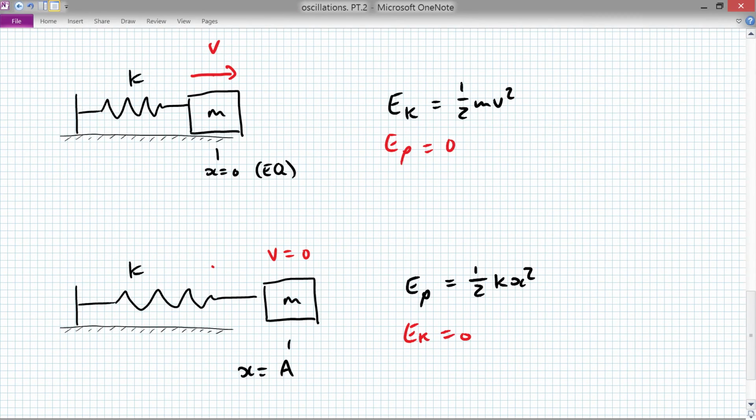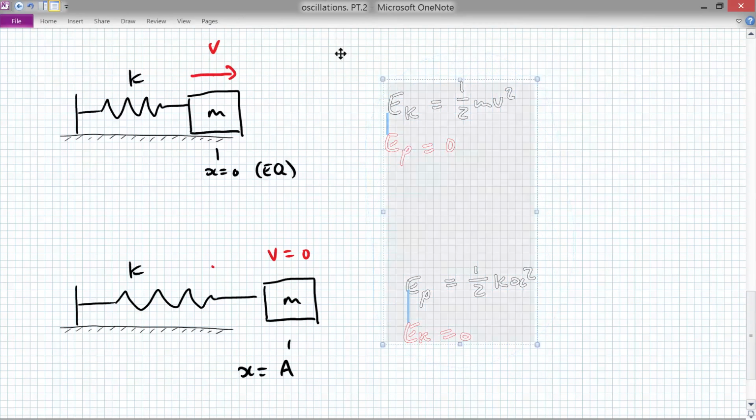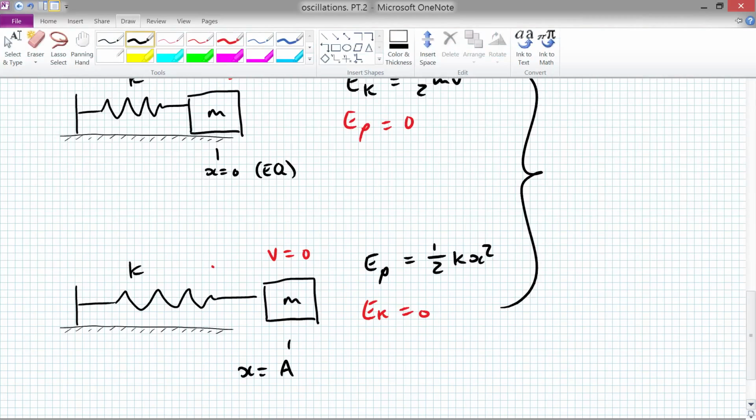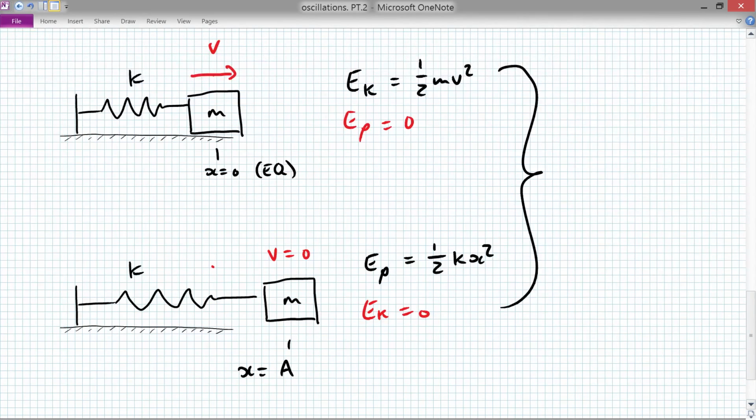And what we're actually interested in is what's going to go on in between these two positions, because obviously at some intermediate point we're going to have a combination of energy. We're going to have a bit of potential energy because the spring will be doing work, moving our mass, but we'll also have a bit of kinetic energy because the mass will be moving.